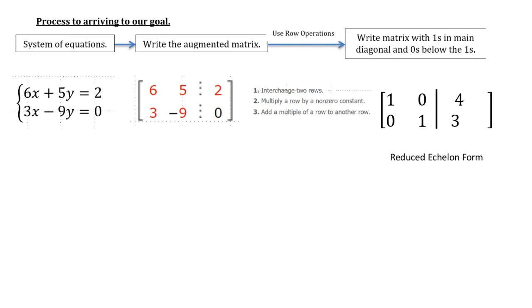We have 3 columns, with an equal sign. To the left of the equal sign, since we only have 2 variables, we're going to have the x and the y. So let's go ahead and do it. So we have 6, 5 equals 2. Second line, we have 3, -9 equals 0.